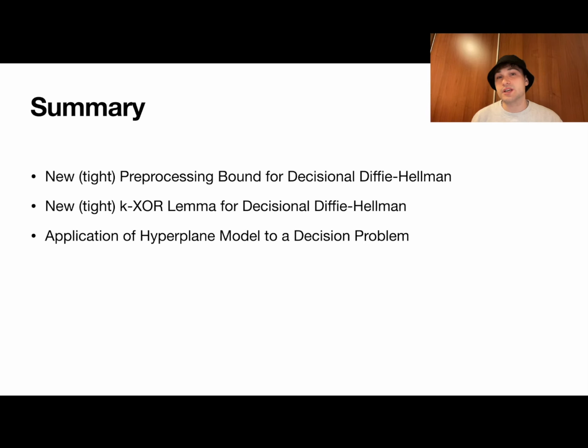Specifically, while there is some speedup similarly to the multiple discrete log problem, the DDH problem does in fact scale when the number of independent instances is increased. Finally, this is the first paper to apply the hyperplane model to a decision problem. Previously, it had only been applied to search problems.